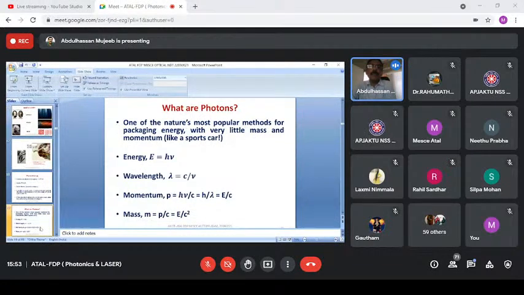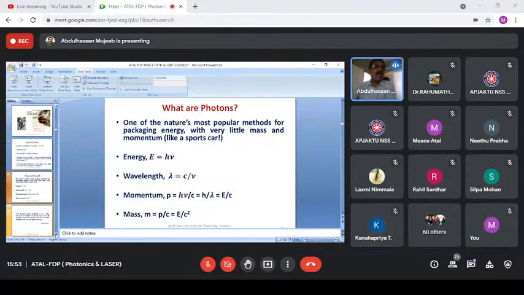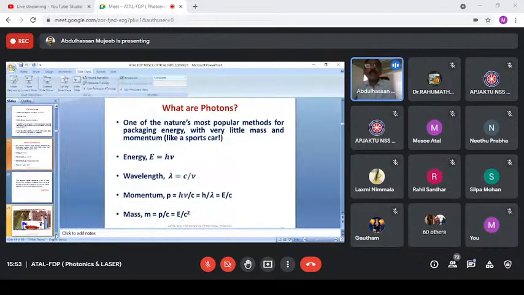Then momentum p is equal to h nu by c, or E by c. Then mass is equal to E by c square. These 4 equations will give you a better understanding of photons. Some more equations are required for deeper understanding, but these are the 4 main essential equations.